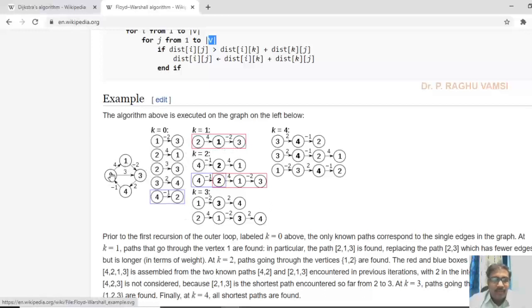That means the direct calculation 2 to 1 is done in the first round. Next, 2 to 1 and 1 to 3. Instead of the direct 2 to 3, it will calculate from 2 to 1 and 1 to 3. So like this, a pairing of comparisons will be done.